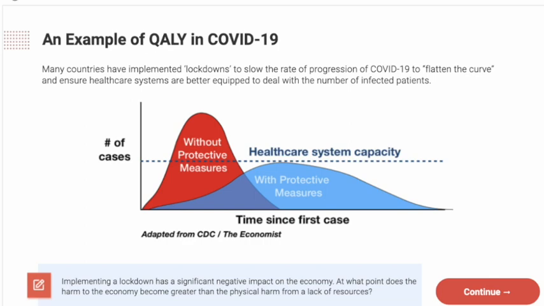And so therefore the economy could then start to be ramped back up again. Does that make sense? Yeah. So you've got that balance that was in play there.